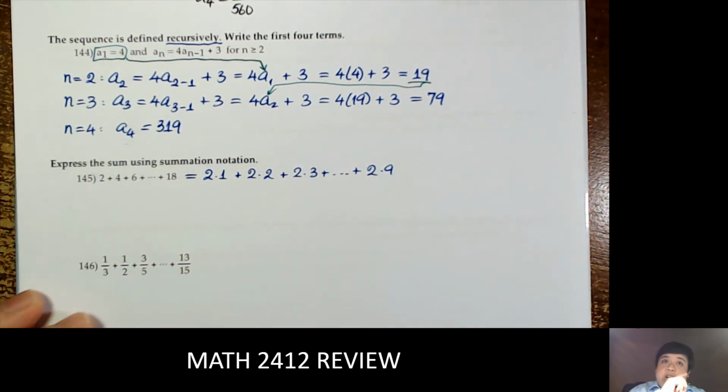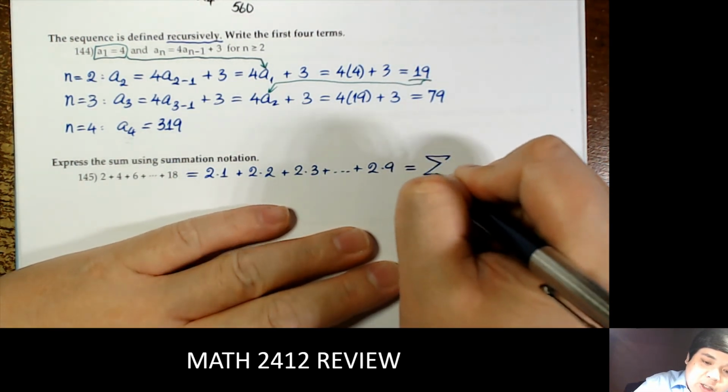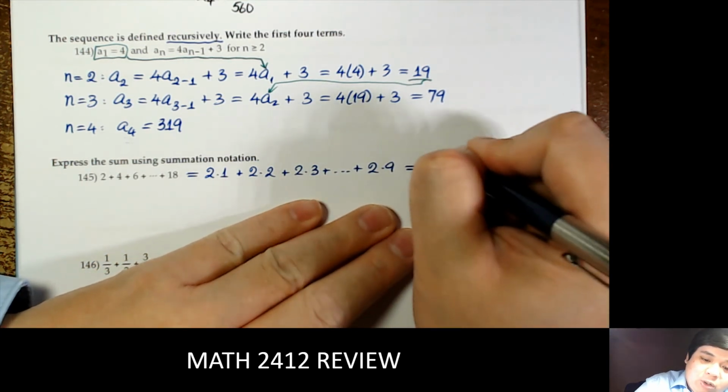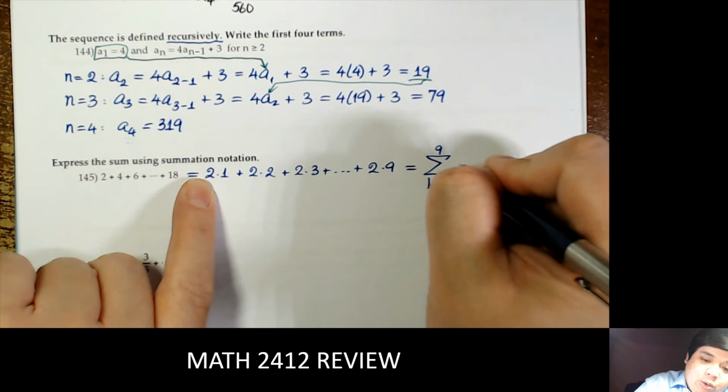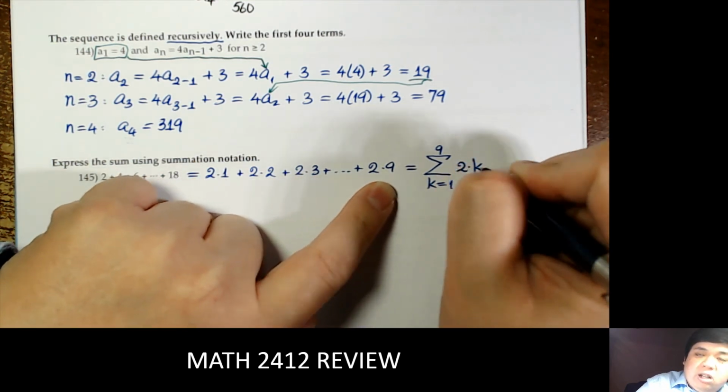So the numbers that change are increasing by 1 every time. We go from 1, 2, 3 on the way to 9. So we say k goes from 1 to 9. And then the 2 is constant. And then k will take values from 1 to 9. So that's what we have.